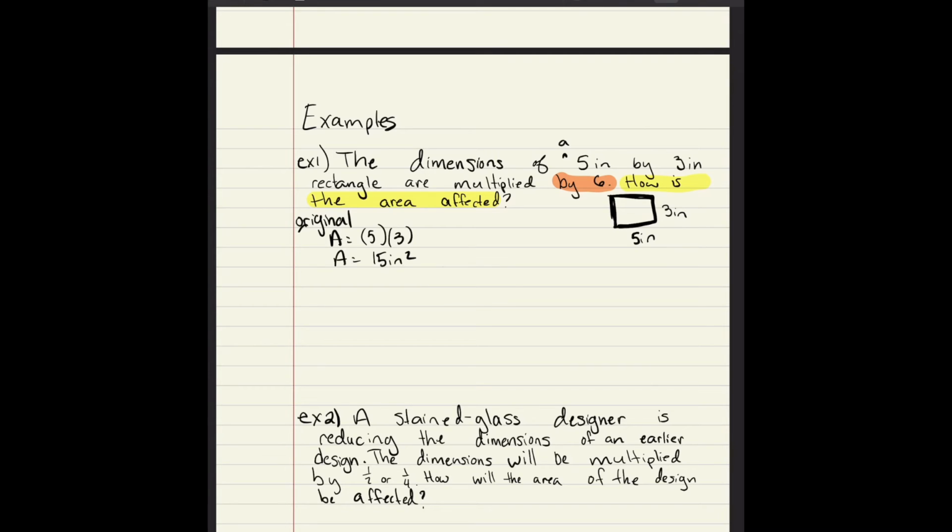Now I need to find the new area, which is multiplied by 6. So here's my original. Now I have my new. I need to multiply my base, which is 5, and my height, which is 3, by 6.